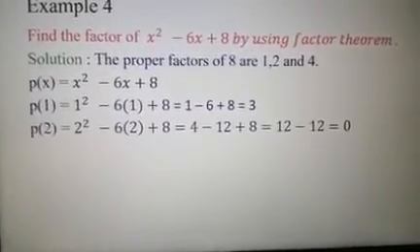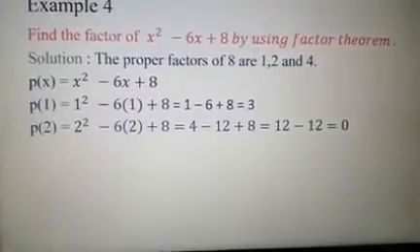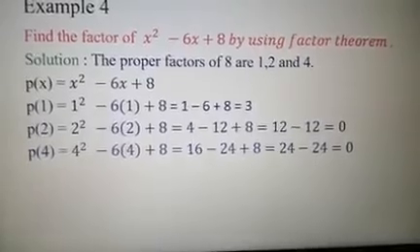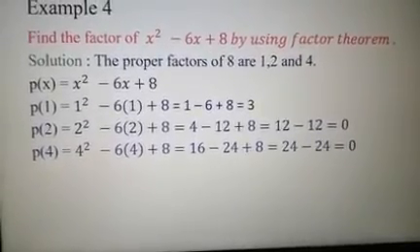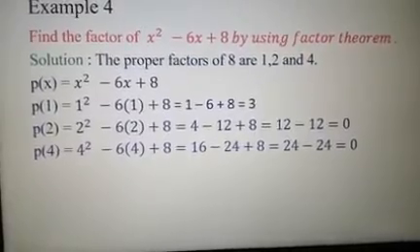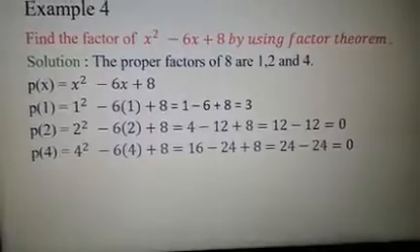Okay. So next find out p of 2. Simplify it and find the value of p of 2. Here I'm getting 0. And p of 4, again I'm getting 0. So when p of 2 is equal to 0 and p of 4 is equal to 0 and p of 1 is equal to 3, from this you can say which are the factors. Correct?